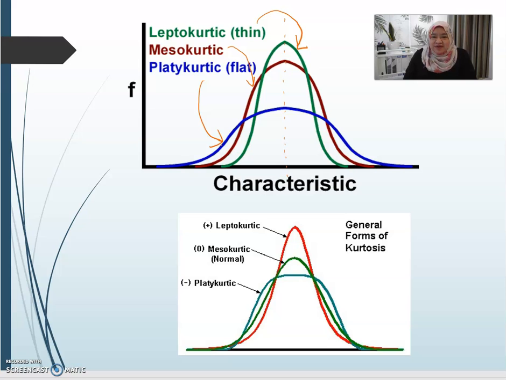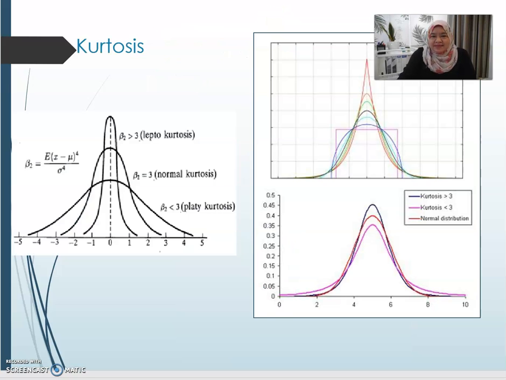If you look at this, the mean and the median are still the same, but what makes it different is how the data is distributed compared to the normal bell curve.